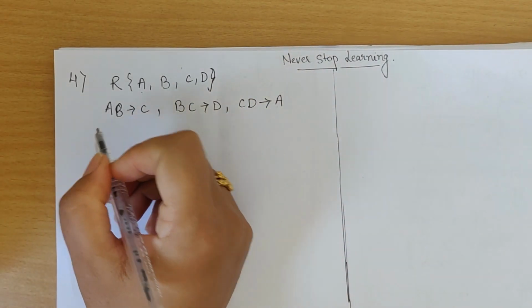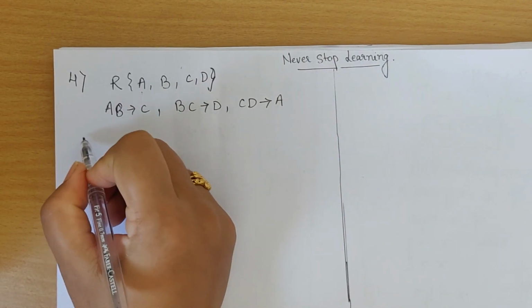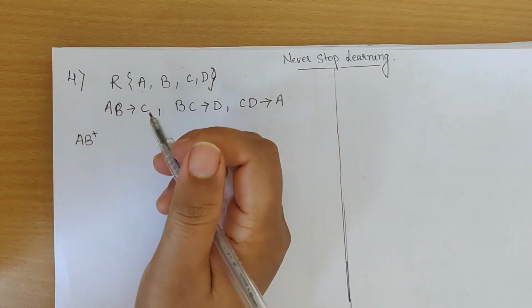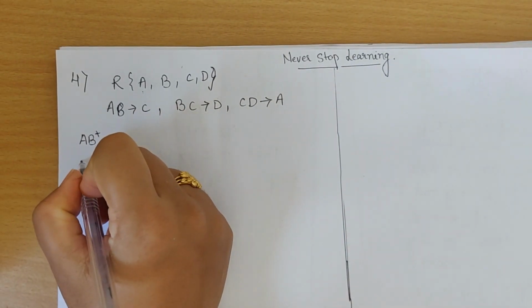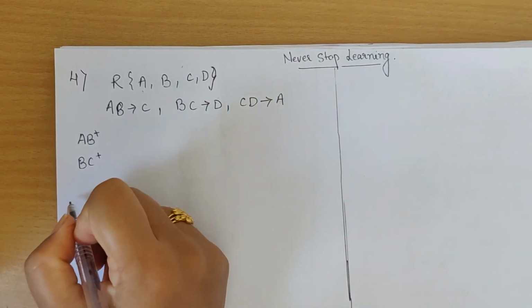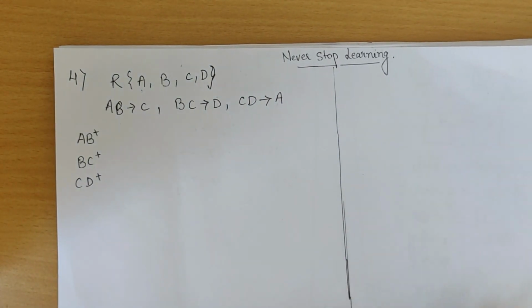So instead of taking each attribute closure individually, we will take the closure of AB, the closure of BC, and the closure of CD.